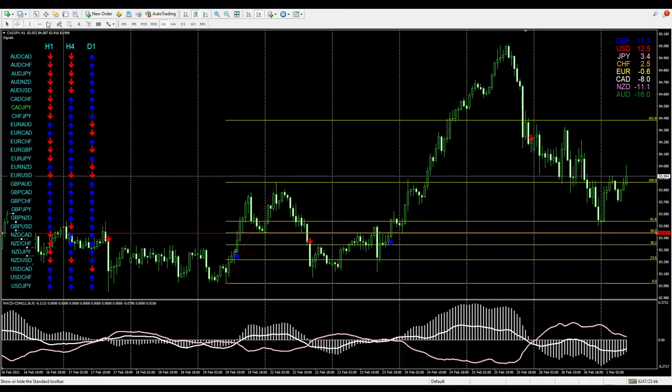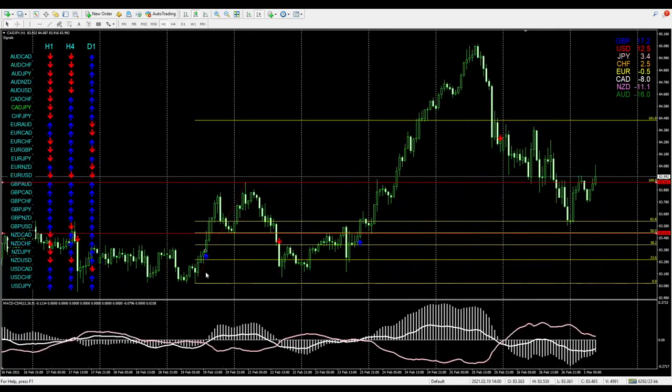Our TP would be around 100 Fibonacci as usual, so it would be here. So we would have made a profit of around 42 pips for CAD JPY last Wednesday, because the TP was on Wednesday already. You would enter on Wednesday and have a profit the same day of 42 pips.